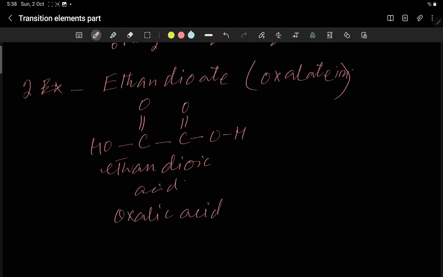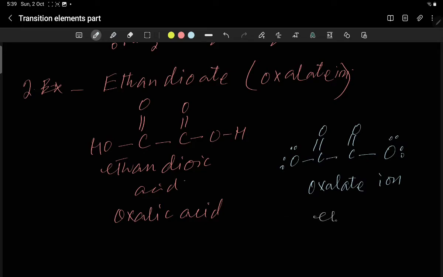The formula of the acid is HOOC-COOH. Its ion is the ethanedioate ion.